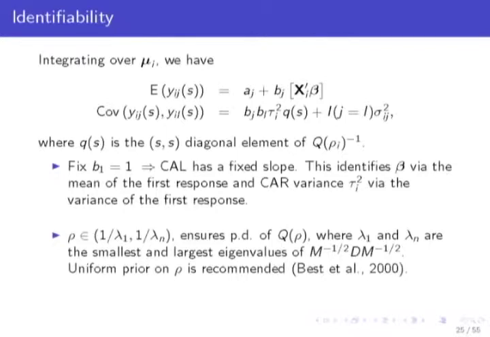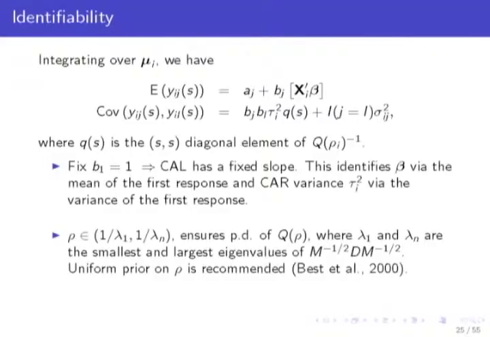What identifiability means is that if you have a factor here, say bj, and a scalar quantity here as well as a scalar quantity below, tau, then alpha times bj, and tau i squared divided by alpha, then those alpha cancel and you end up with the same covariance structure and mean structure. So it looks like there can be issues. There are always issues with identifiability when you introduce factor models.